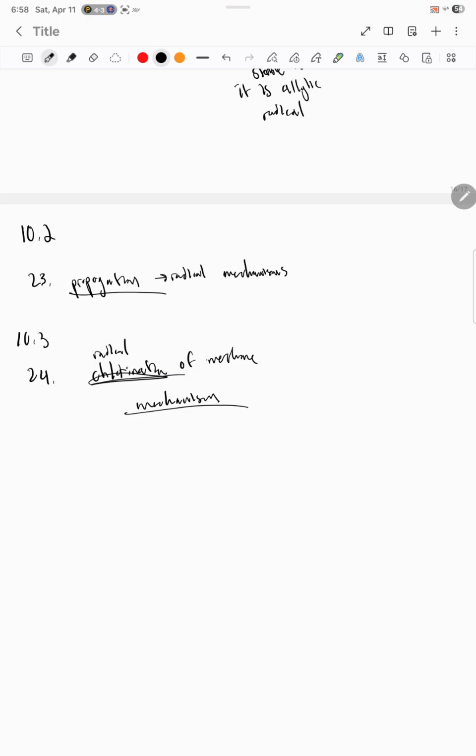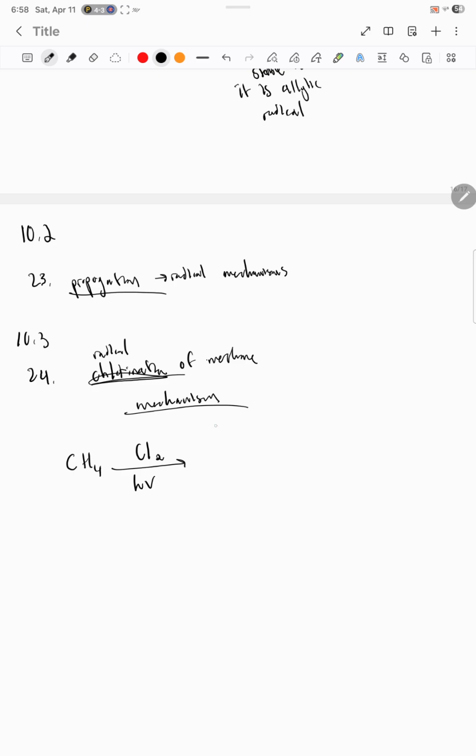If we look at point 24, let's say we have methane, CH4. We can use Cl2, which is a halogen, and we could use light.